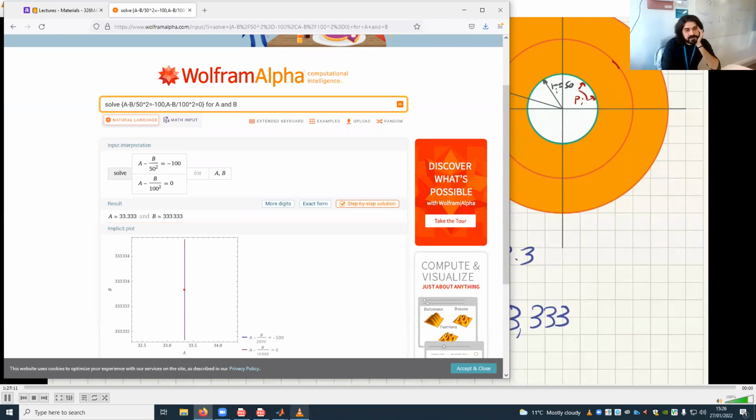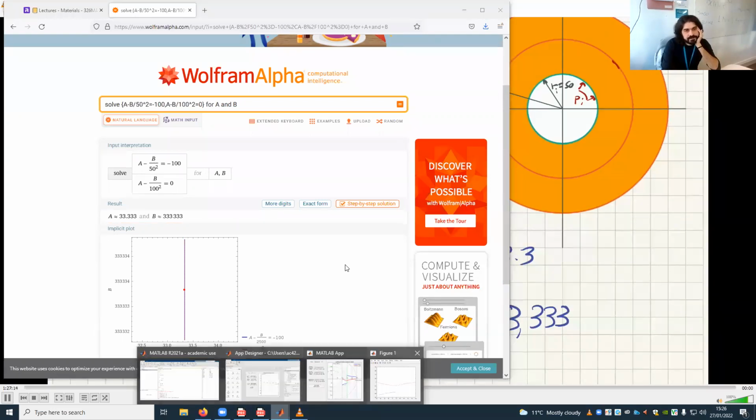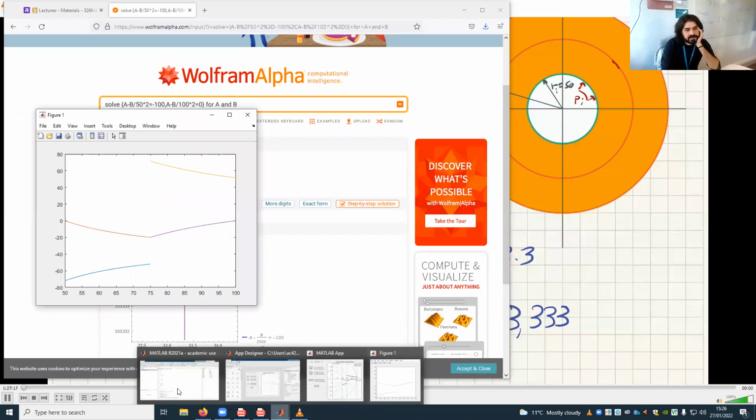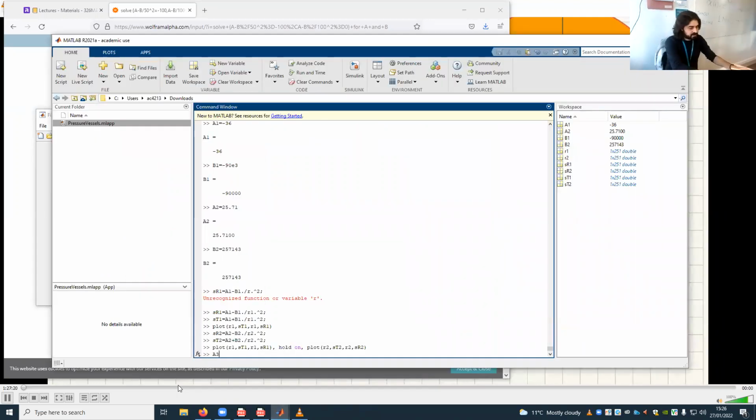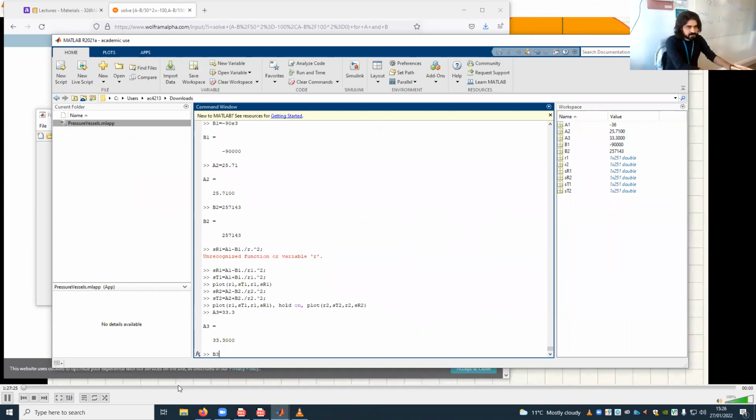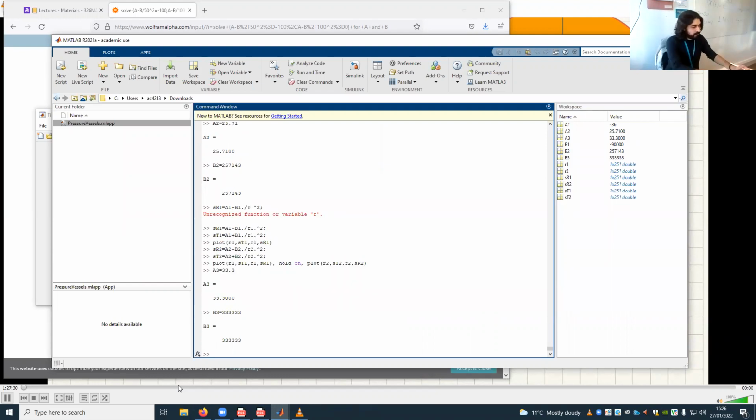And now if I do this in MATLAB, I create A3 and B3. A3 is 33.3 and B3 is 333,333. Okay. Now I can create sigma R3. Let's call it 3. But we must sum all the contributions, so make sure that you know what you're doing every time.